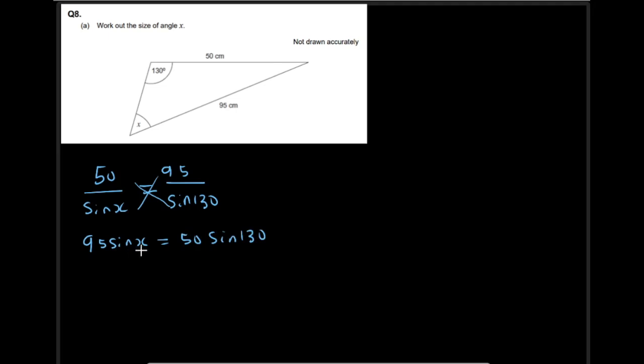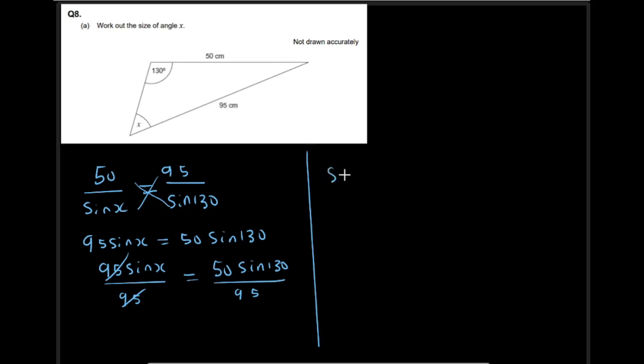So to get X, we divide both sides by 95. So we have 95 sine X over 95 equals 50 sine 130 over 95. So this will take out this, and we'll be left with sine X equal to 50 sine 130 divided by 95.